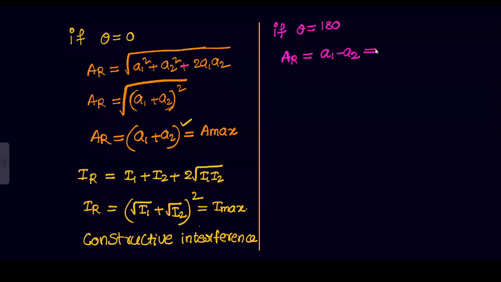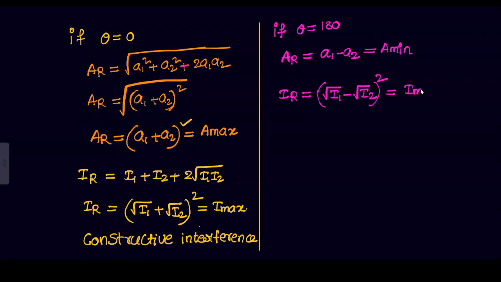In this case, this is called minimum intensity. What about the resultant intensity? You see here, it is square root of I1 minus square root of I2 whole square. Earlier it was plus, now it is a minus. This is called intensity minimum. Previously maximum, now it is minimum.